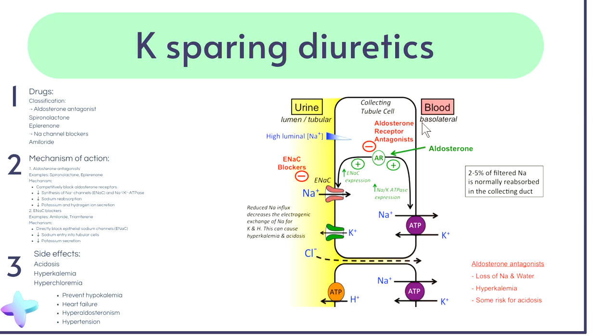Now, before we continue to the potassium sparing diuretics and say their names, the aldosterone antagonist is spironolactone, sodium channel blockers, one example, amiloride. What we have to revise from the previous video here is about aldosterone.